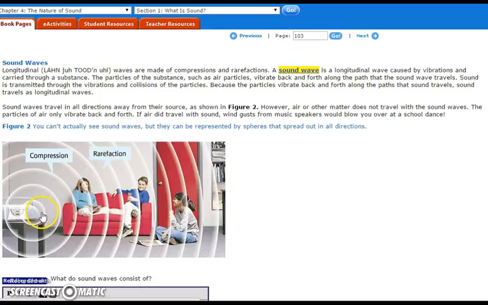Now remember, each wave moves out radially from the center. So this wave will spread out, and when it passes by your ear, or this kid's ear, or her ear, it registers as a sound. However, it isn't all sound. The compression is what registers, and the rarefaction is the gap between each sound.